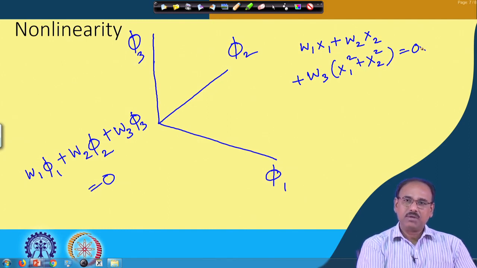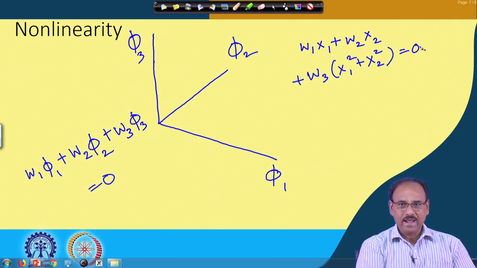So if I consider this equation to be an equation in x1, x2, it is a nonlinear equation, which gives you a nonlinear mapping of the feature vectors. So the feature vector x1, x2 is nonlinearly mapped into the phi 1, phi 2, phi 3 domain. And the classifier or the separating plane is a plane where W1, W2, W3 are variables and x1 and x2 are fixed.